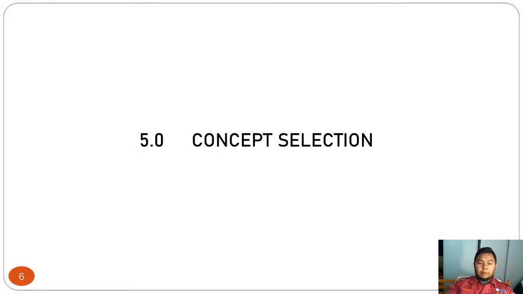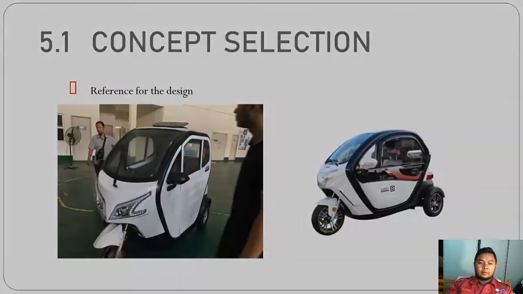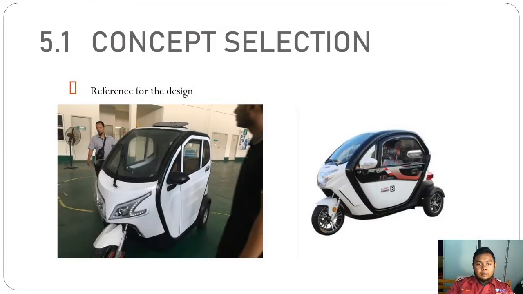Okay, we will go with the concept selection. The picture on the left shows the three-wheel scooter chassis that you can find in the lab at FKP, also using a battery as the source of the electric scooter.